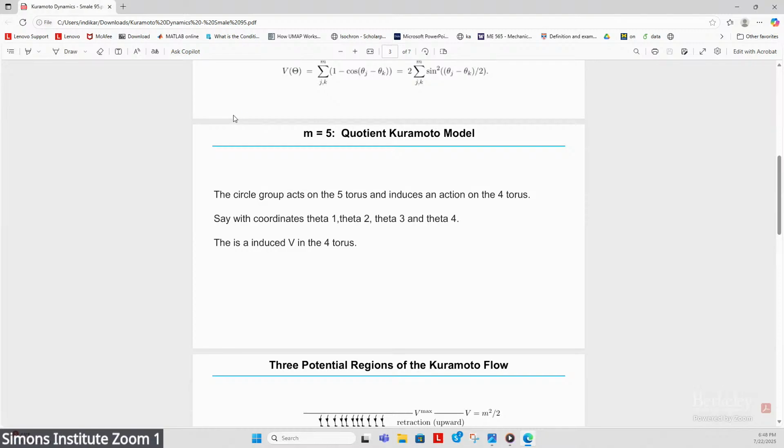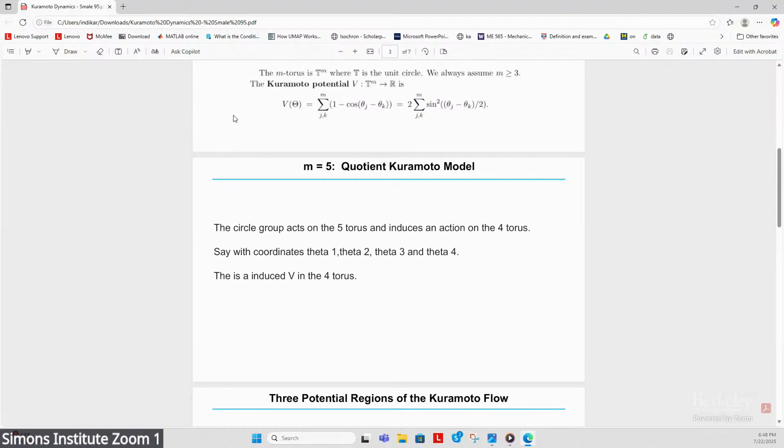We lost something. There's a function V on the torus. In general, n, in our case 5, and then 4. So on the 4-torus, we have a function V. In all cases, we can represent the Kuramoto equations, which are above, in a much simpler form.